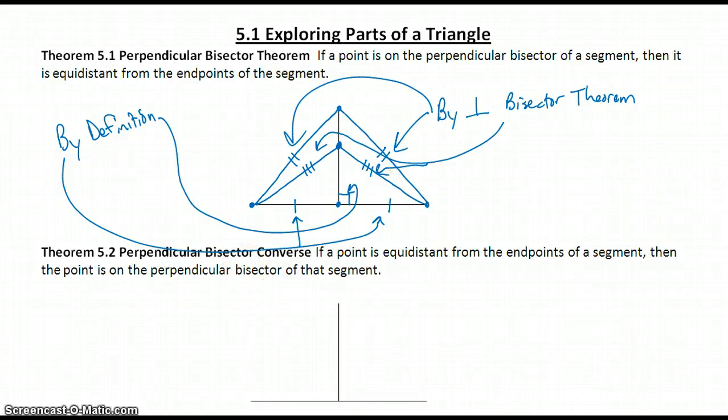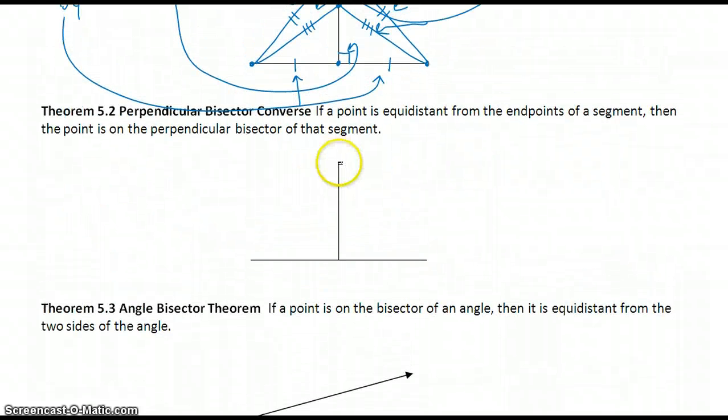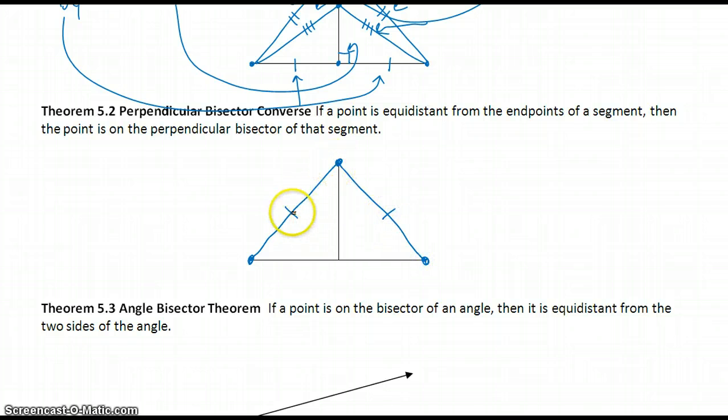The converse of this starts with a point that is equidistant from two endpoints. If that point is equidistant from either endpoint, then it is on the perpendicular bisector. In the converse, we're starting with the point being equidistant and concluding that we have the perpendicular bisector.